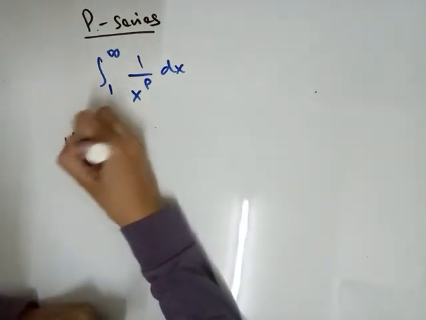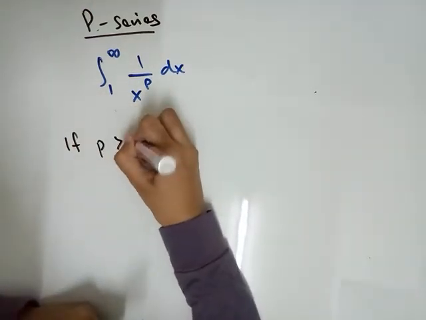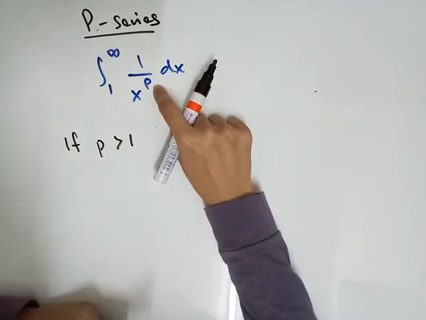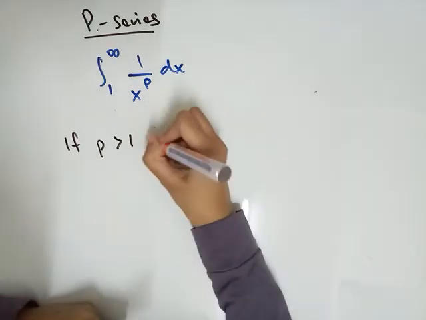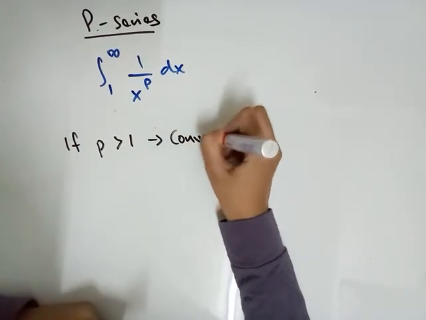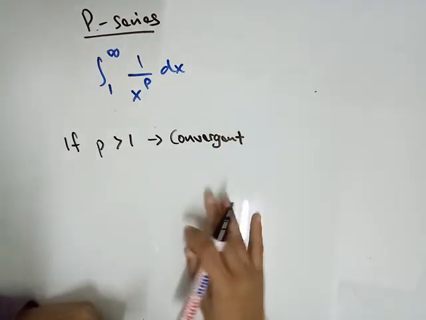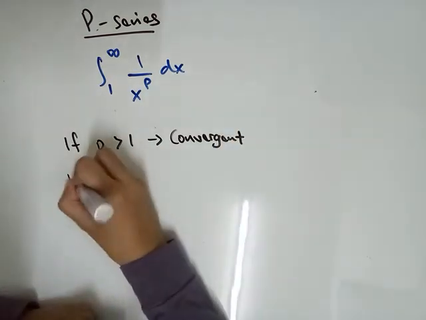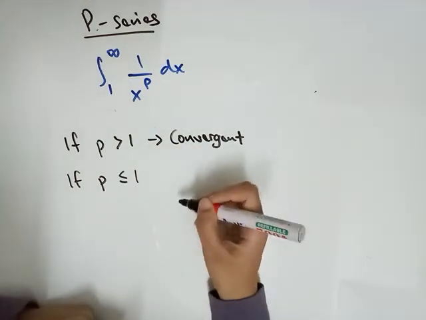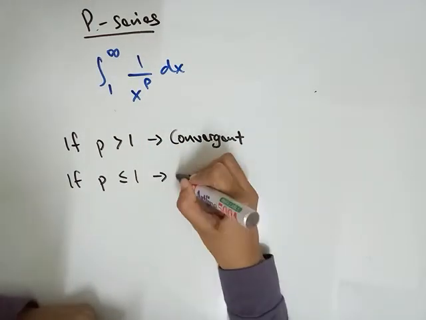If P is more than 1, we can say that it is convergent. If P is less than or equal to 1, we can say that it is divergent.